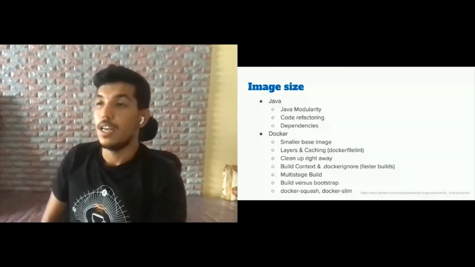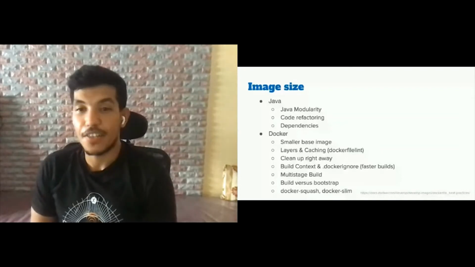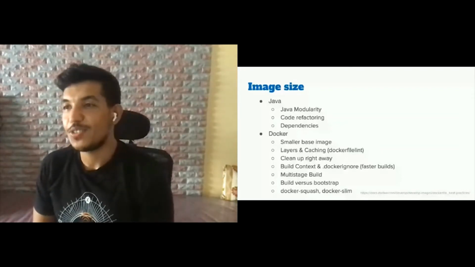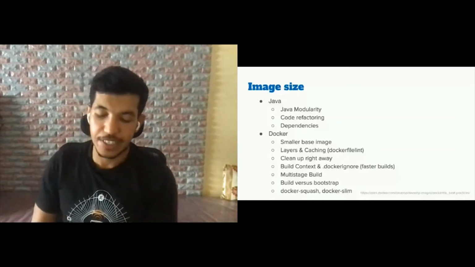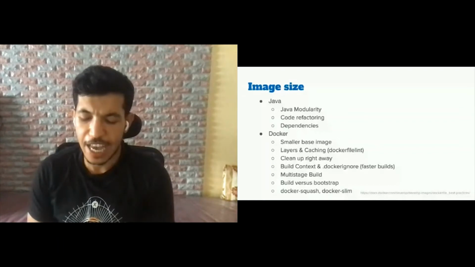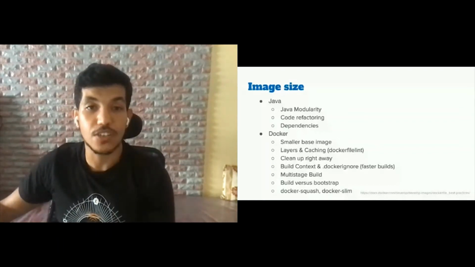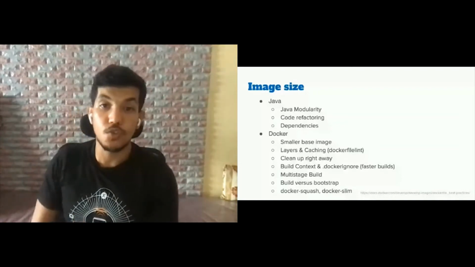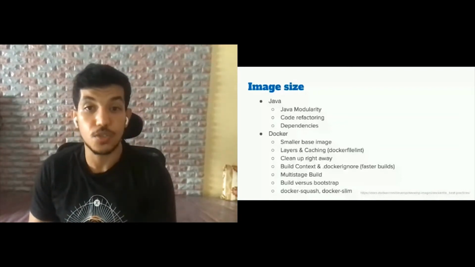Thank you, Hussein, for the tip. For the Java side, there is a feature introduced back in Java 9, which is Java Modularity, which allows us to tune the JVM and select only the modules that we need during runtime.